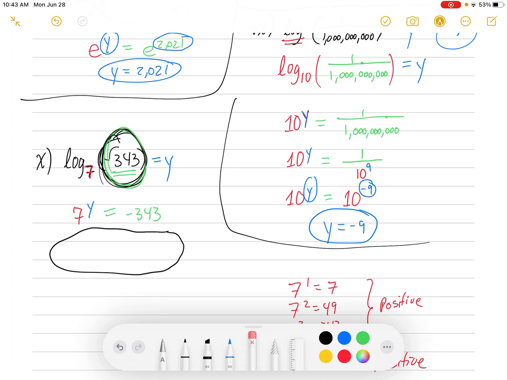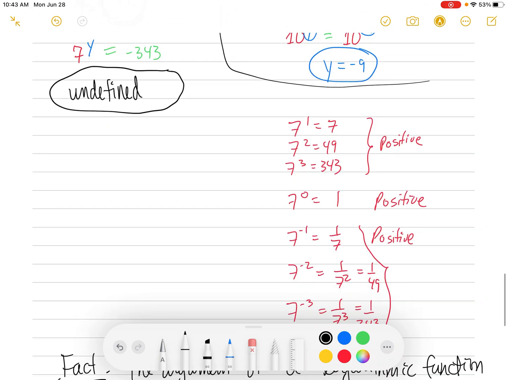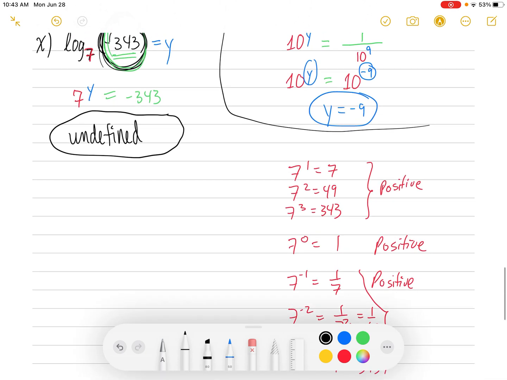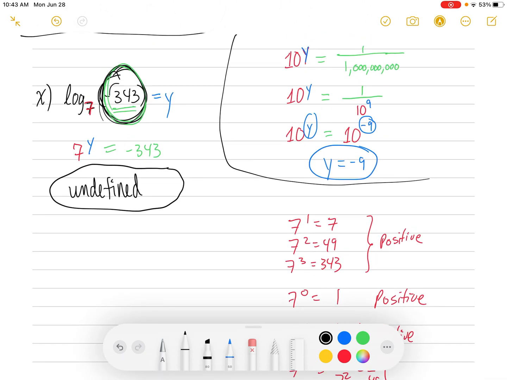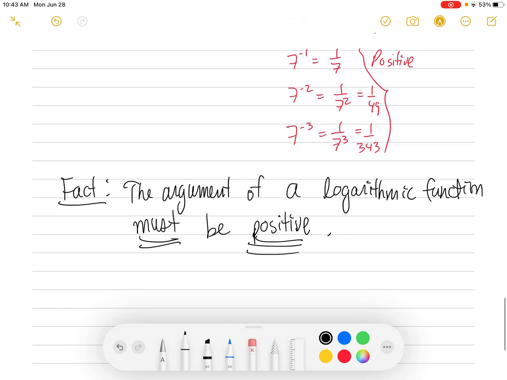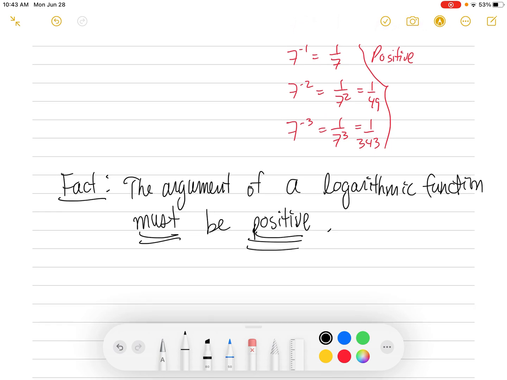Very important. So as soon as I have a negative argument here, like negative 343, I know it's undefined, so there's no solution. Undefined is a better way to say this. You can say no solution as well, but undefined.